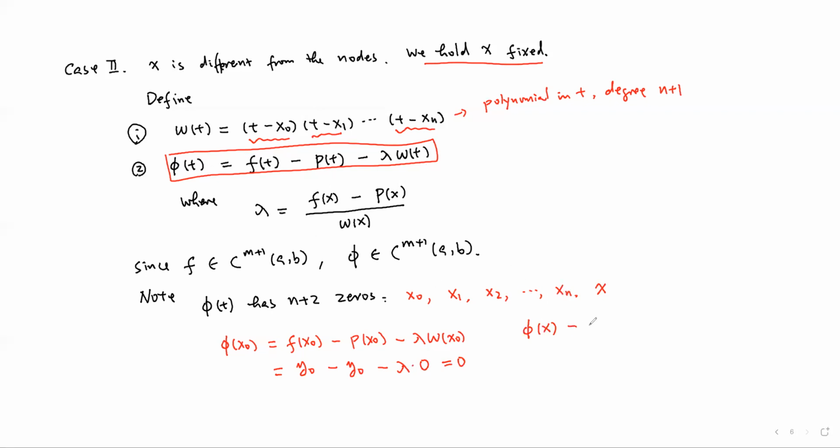Then we get f(x) minus p(x), where x is a constant, minus lambda w(x).